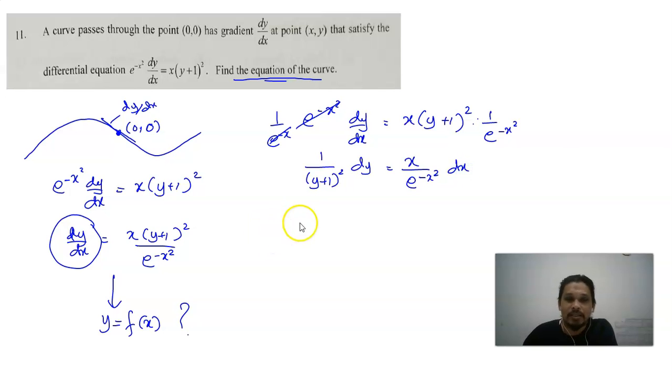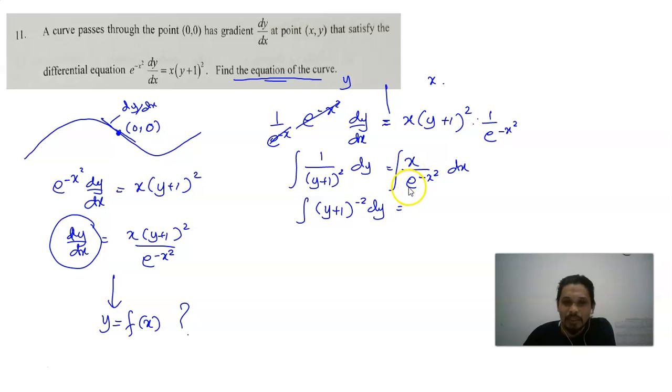Okay, so integral of this, left and right. As you can see here now, on the left side is all the variable of y, and on the other side is all the variable of x. Do you find any variable of x left here? No, right? And also there's all x on the right side. So the integral of this, I make this one as (y plus 1) to the power of negative 2 dy.